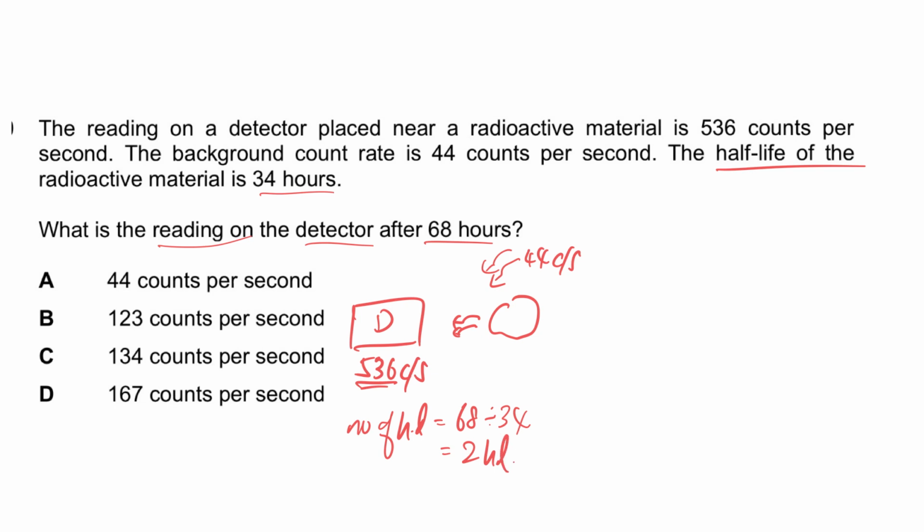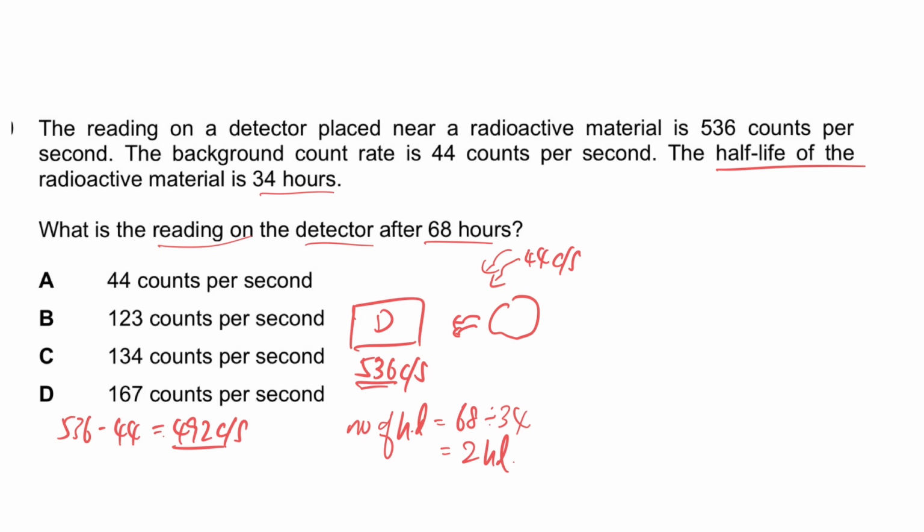Then next, since the 536 includes the background radiation, the first step you need to do is to minus the background radiation of 44 counts per second and you're left with 492 counts per second. So this 492 is purely from the radioactive material.